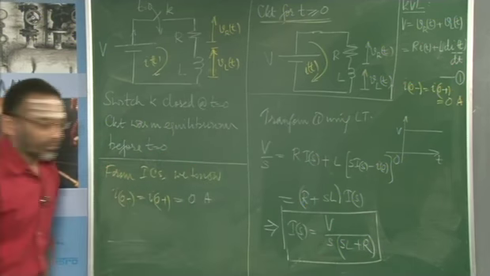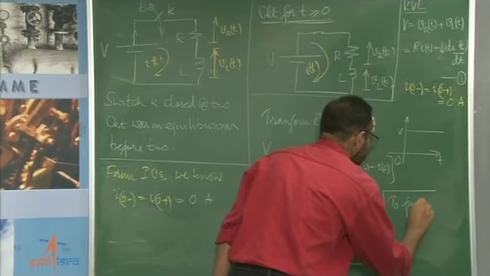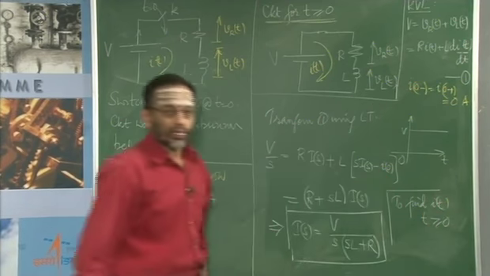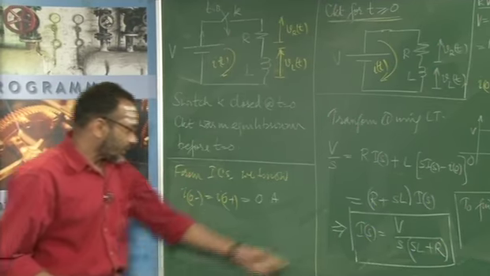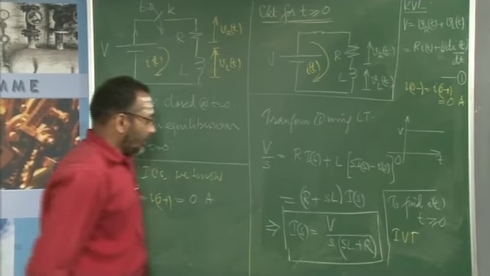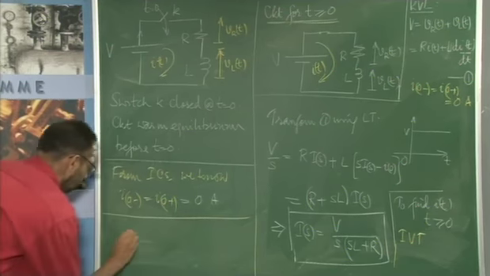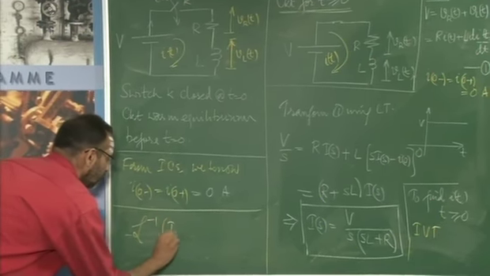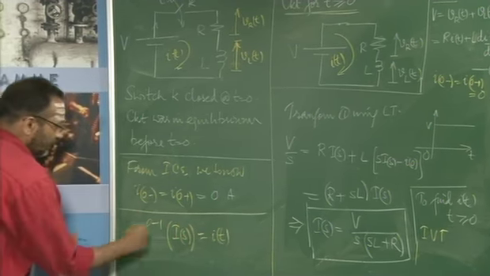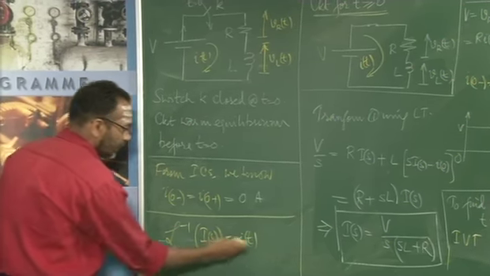So, now the problem was to find I of t for t greater than or equal to 0. Now, just one word, the way to do that is to get what is called the inverse Laplace transform. If you take the inverse Laplace transform of I of S, we indicate it by this, the Laplace inverse of I of S equal to I of t. If you take the Laplace transform of I of t, you get I of S. If you take the inverse Laplace transform of I of S, you get I of t.